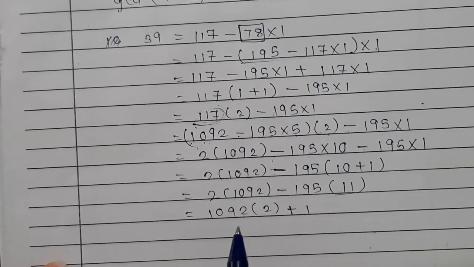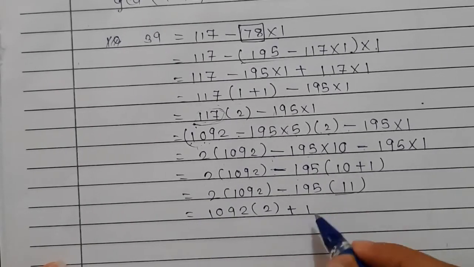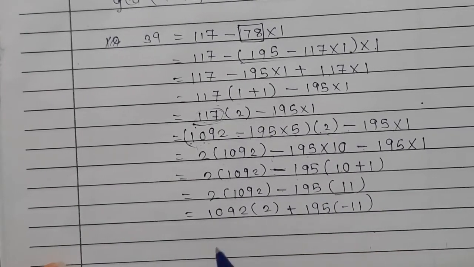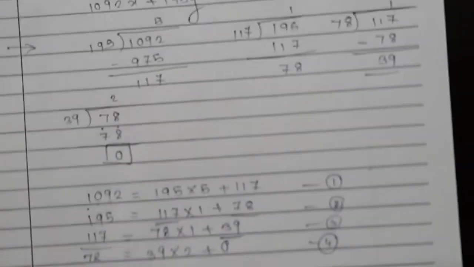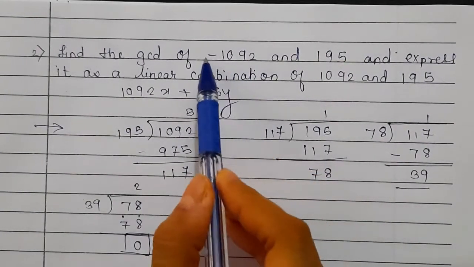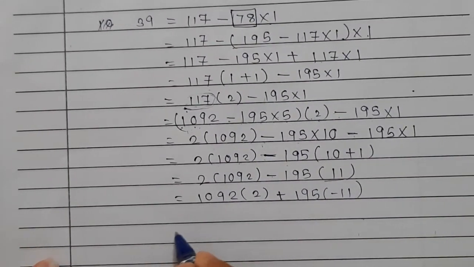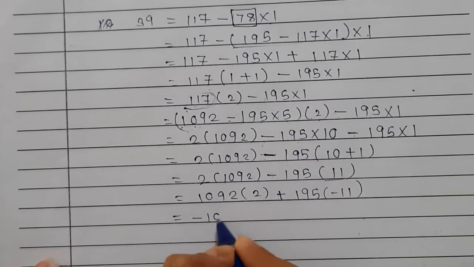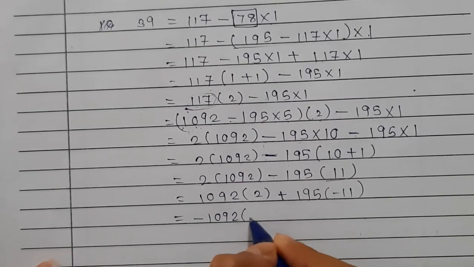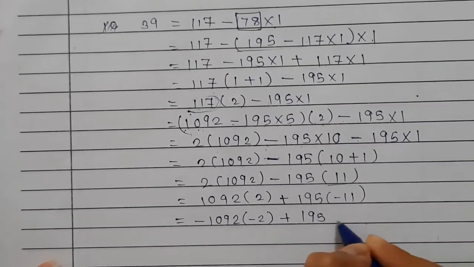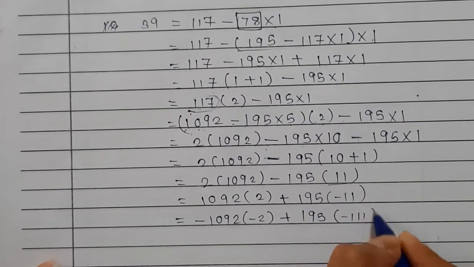Now our equation is in the form 1092x plus 195y. But in the question they gave us a minus sign, so for that reason we write this as minus 1092 into minus 2 plus 195 into minus 11.